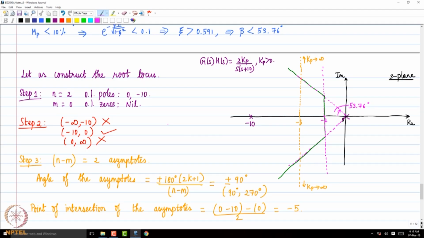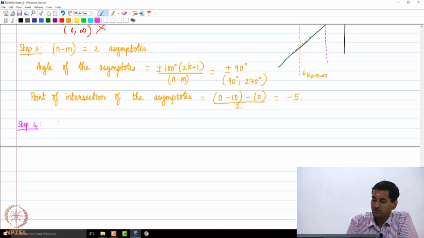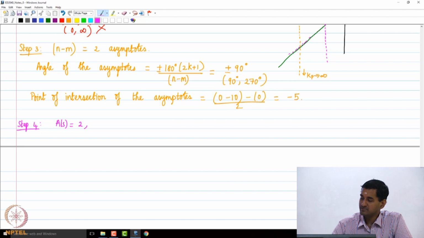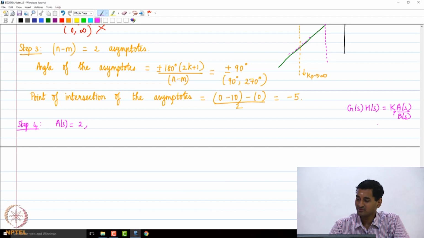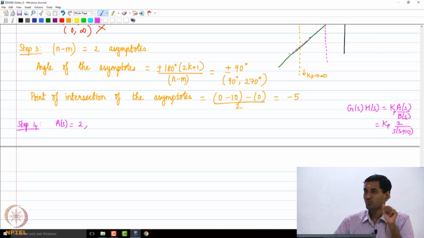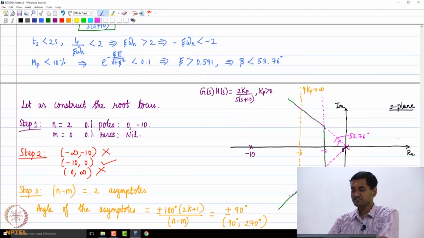Please note that g of s, h of s, we need to write as k times a of s divided by b of s, and in this case k is kp. So, kp times 2 divided by s times s plus 10, that is our open loop transfer function.